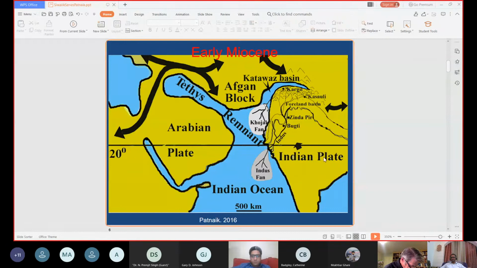And the basin, of course, the foreland basin, was huge, covering a huge area all the way from Gujarat in the west to the northeast as well. And then you have the spots from where we have found the mammals, which include the late Oligocene, early Miocene Kargil, Kasauli, which is close to Chandigarh, then of course Bugti in the west, in Pakistan, Zinda Pir, and then we have a lot of stuff coming from Kutch.